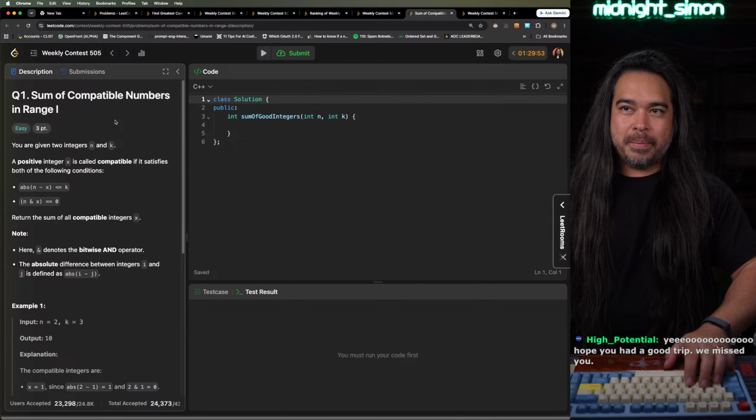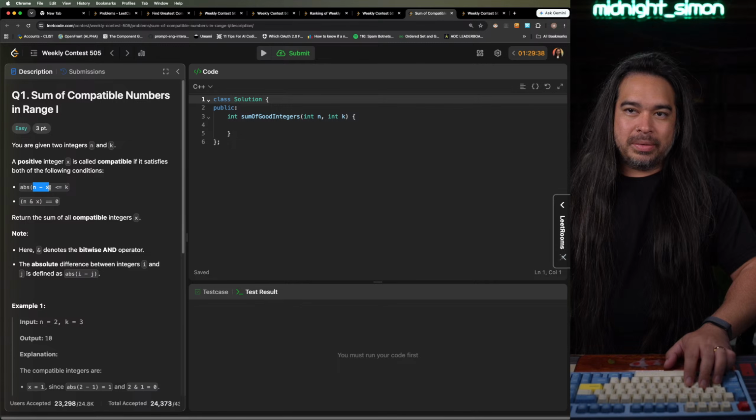Sum of compatible numbers in range, part 1. You're given two integers, n and k. A positive integer x is called compatible if it satisfies both of the following conditions. Absolute value of n minus x is less than or equal to k, and that is true.